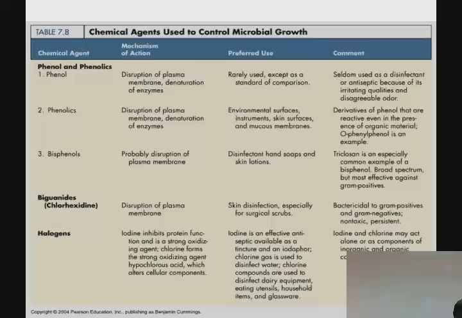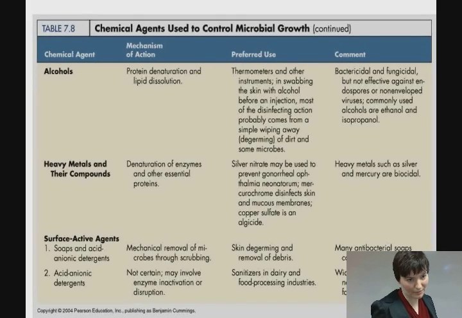What's a third possible target? Proteins. Okay. And so different chemicals and compounds will have the ability to do one or more of those things. And they'll also have different contexts in which they're preferable to use, and limitations and drawbacks, of course.